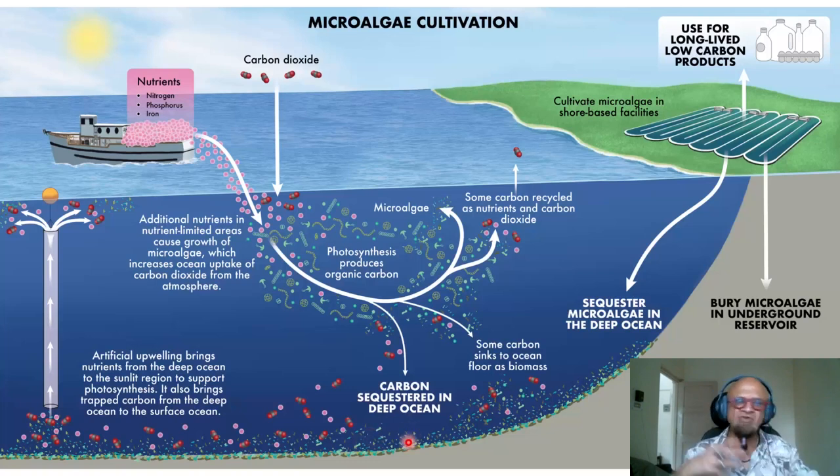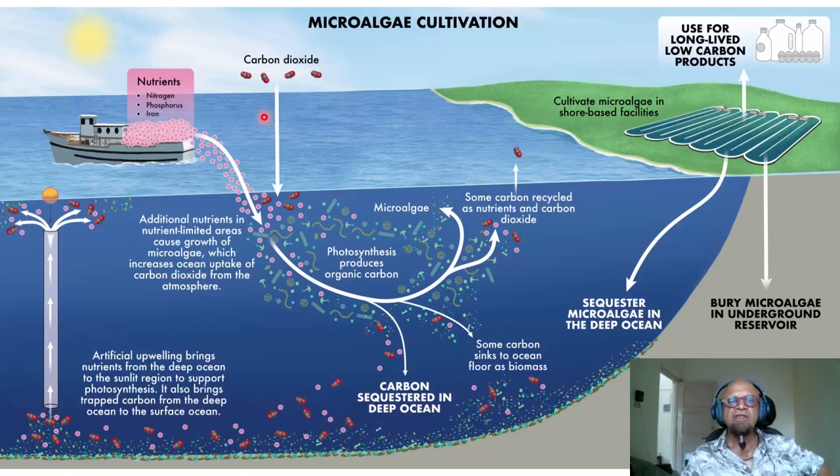There is some bioturbation, there are microbes living there which do their work, but eventually you expect some sequestration to happen, which gets compressed, metamorphosed into calcium carbonate, limestone and other things which come up during geologic activities like plate tectonics and so on. So you have also some carbon that sinks to ocean floor as biomass and not just carbon. And of course some carbon is recycled as nutrients and carbon dioxide, so gets back.